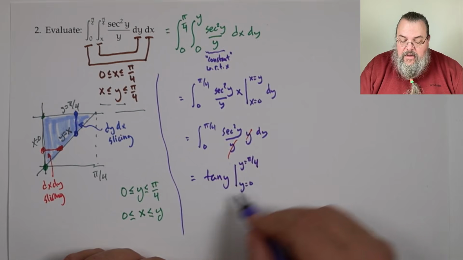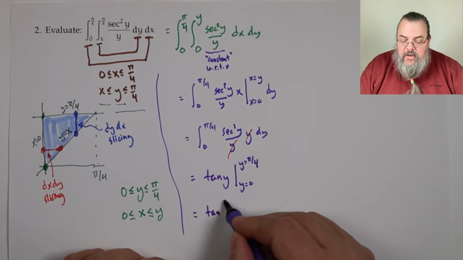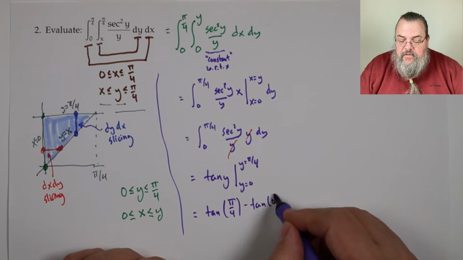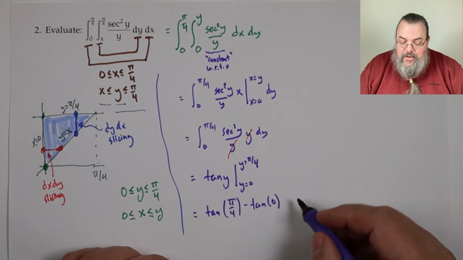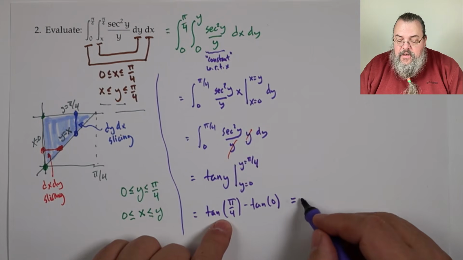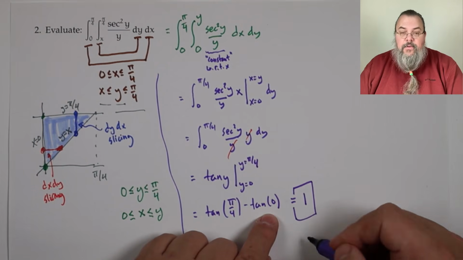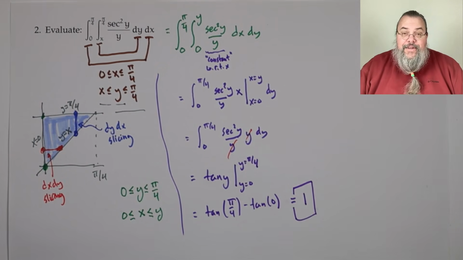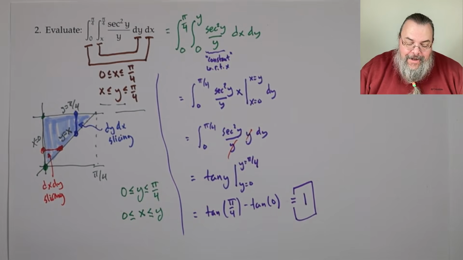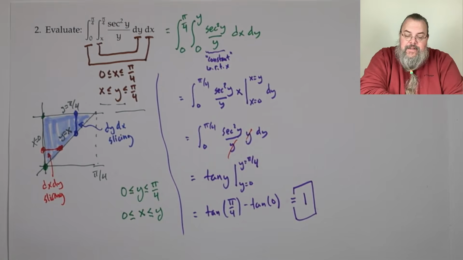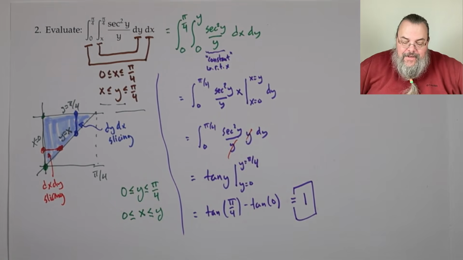That becomes tangent of pi over 4, subtract tangent of 0, and tangent of pi over 4 is 1, and tangent of 0 is 0, and so we get 1. It is the 1. Beautiful, lovely. And all right, there you go. Isn't that amazing?